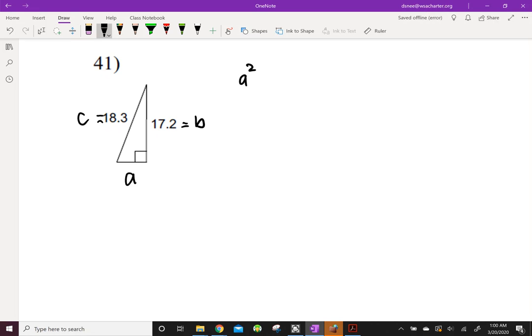So A squared plus 17.2 to the second power equals 18.3 to the second power, and 17.2 squared equals 295.84. And don't round anything until you get to the end.